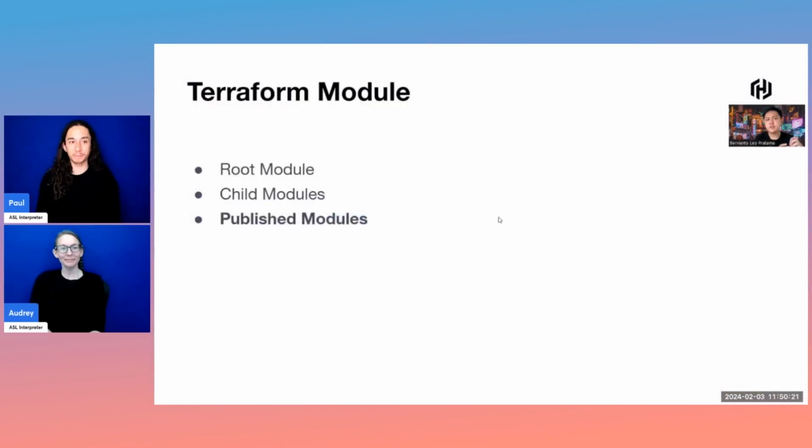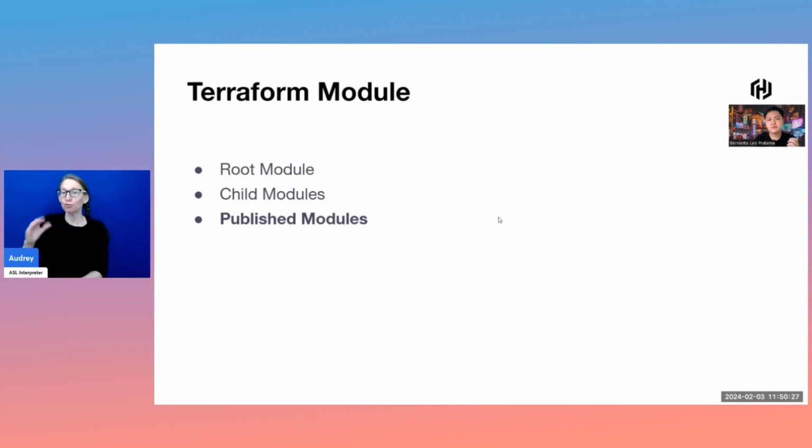Previously, I mentioned root modules and child modules, but what are they? The root module itself is the main configuration, so Terraform will start to provision based on the root module.